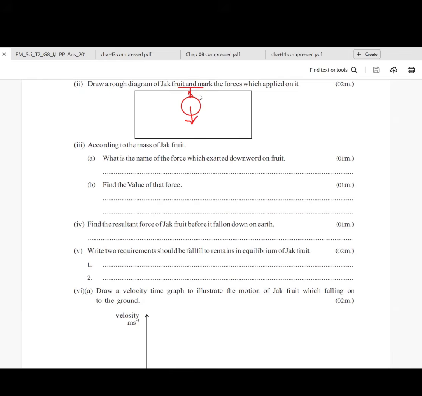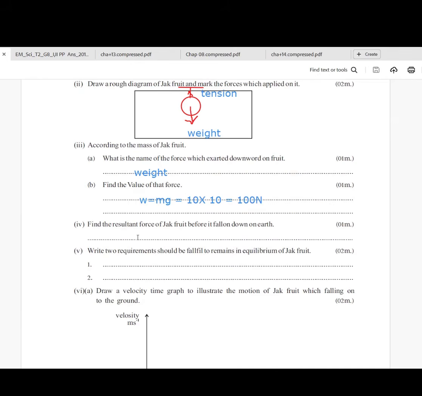According to the mass of the jackfruit, what is the name of the force which is exerted downward on the fruit? It is weight. Find the value of that force. Weight equals mg. Mass is 10 and the gravitational acceleration is 10. Therefore, the answer is 100 Newton.